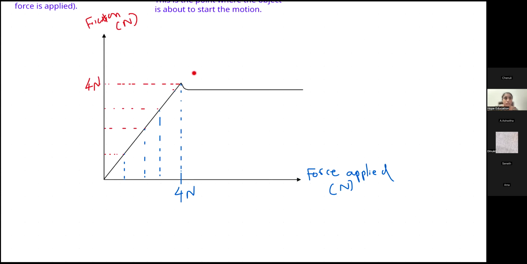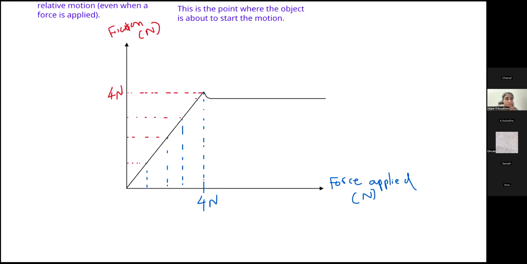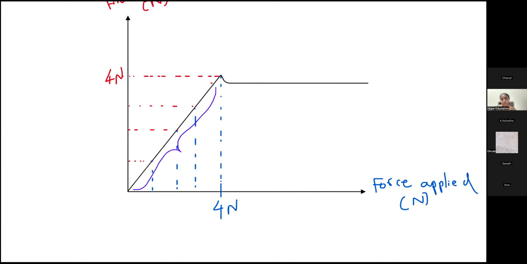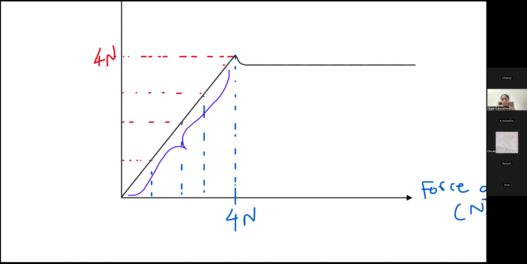Okay. So now if we label the parts of this graph, මේ කොටස අයිති වෙන්නේ static friction ද limiting frictional force ද dynamic friction ද? Static frictional force. Static and limiting friction. Static. This part static. මෙන්න මේ tip එක විතරයි limiting. Yes. So this section is the static friction.